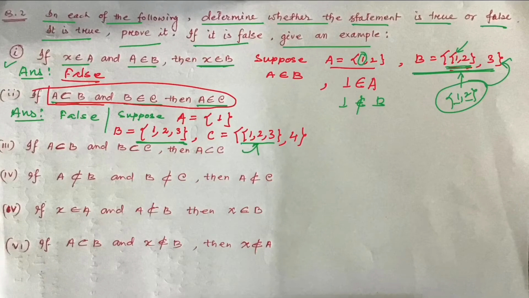Okay, and here you see all the elements in set A are present in set B. That's why A is a subset of B. And here you see set B is an element of set C, so we can say B belongs to C. But here you see A doesn't belong to set C, because set A is a set containing only 1, but here you see this is a set containing 1, 2 and 3.